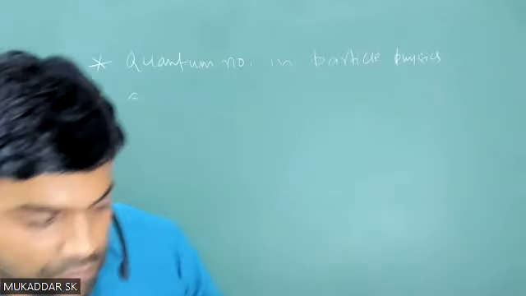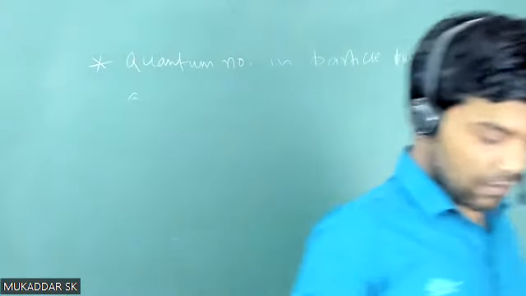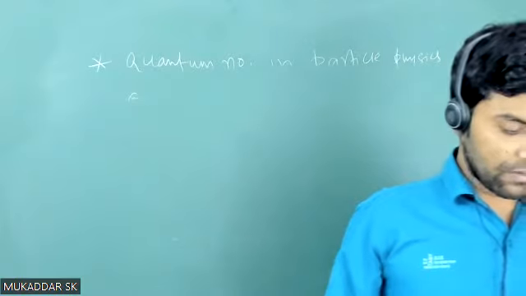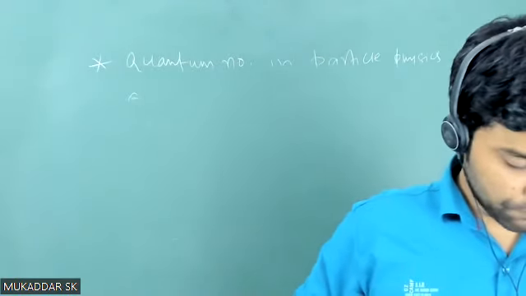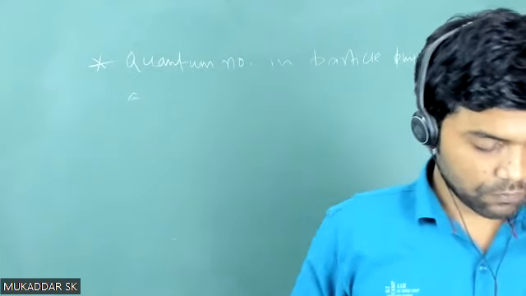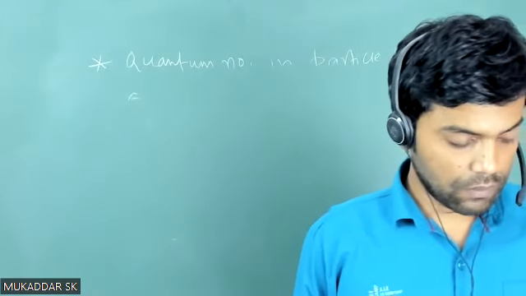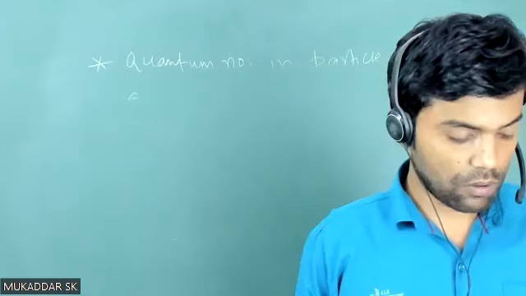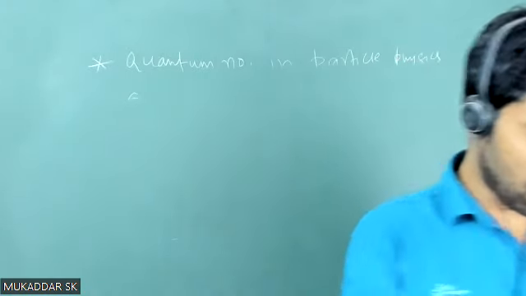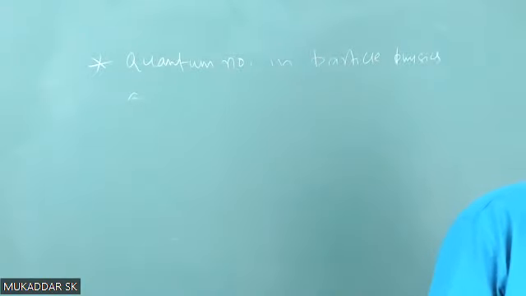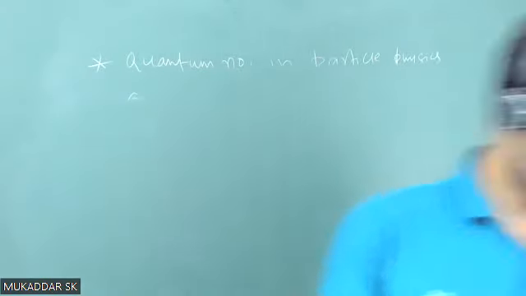It should be conserved in strong and EM interaction, but it is not conserved in weak interaction. तो आपका strong and EM में conserved होगी, but weak में conserved नहीं होगी.